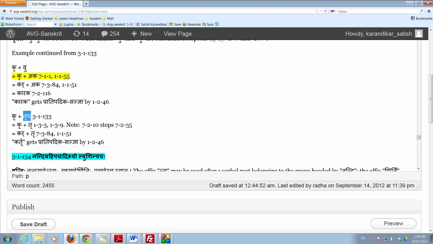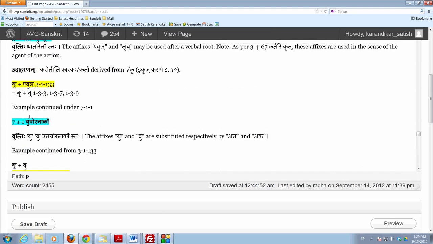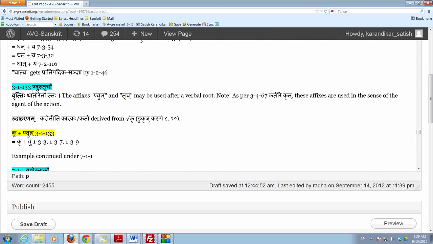So here similarly we can get forms like hantru, gantru, bhoktru, and so on and so forth. So we have just studied these two very important affixes, nul and trich, which may be used after any verbal root, because Panini did not specify that it has to be after this verbal root or that verbal root.